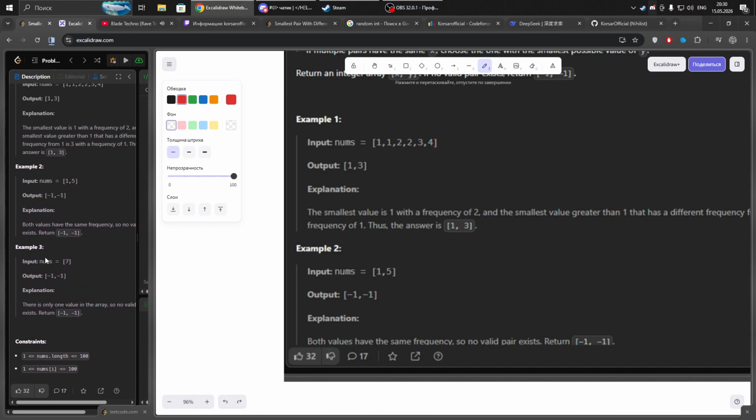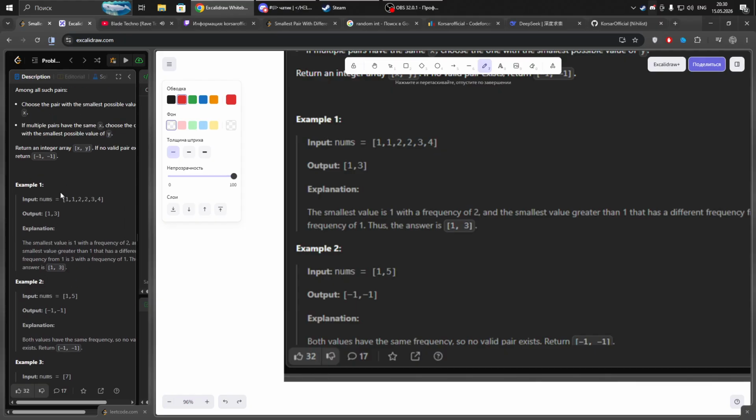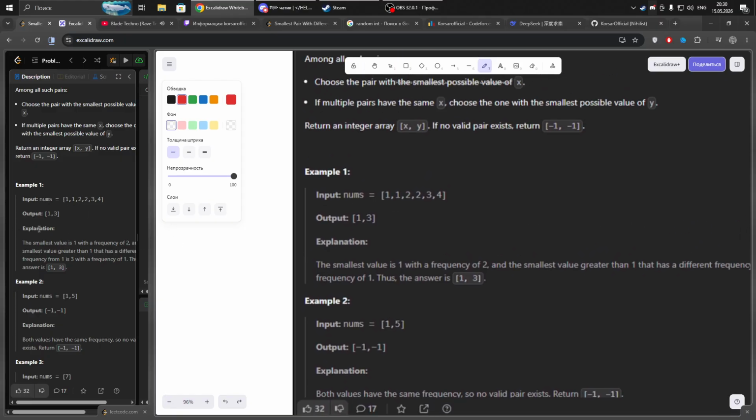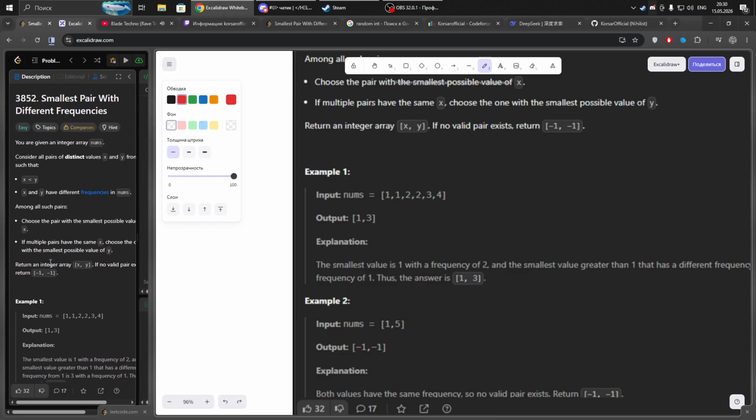Among all valid pairs, we minimize x, and if several pairs have the same x, we minimize y. So we return x, y, or minus 1 if no such pair exists.